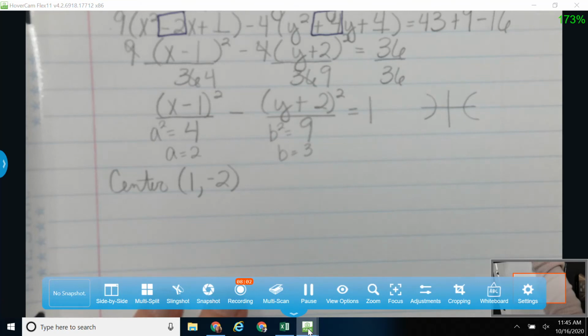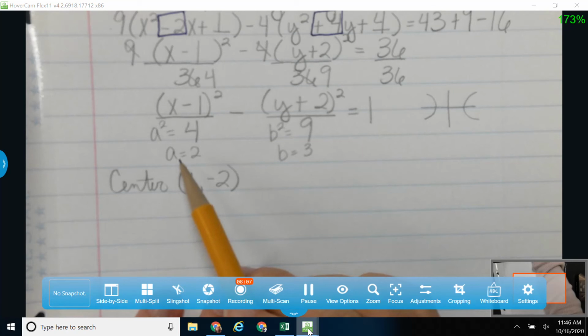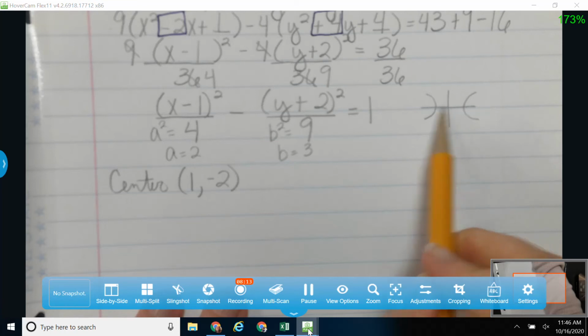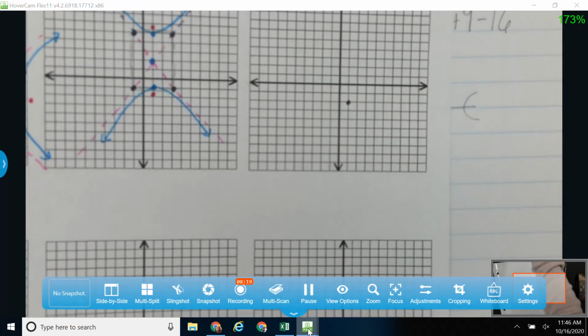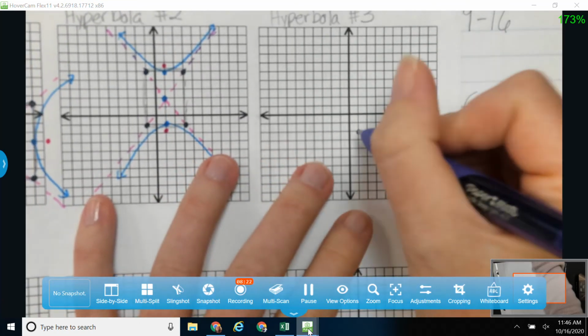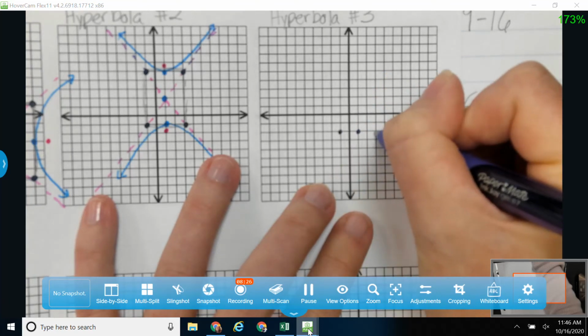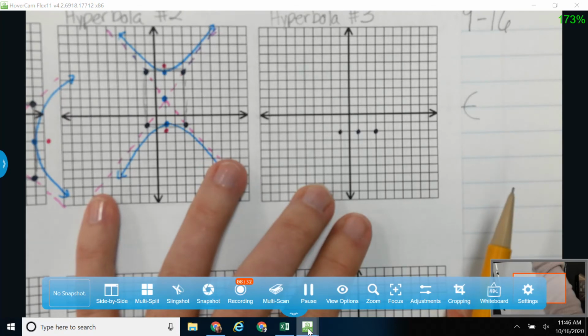To find them, I'm going to go left and right from my center point this a value of 2. So grab your graph, and I'm going to go left and right 2. So 1, 2, and 1, 2. So 2 vertices.